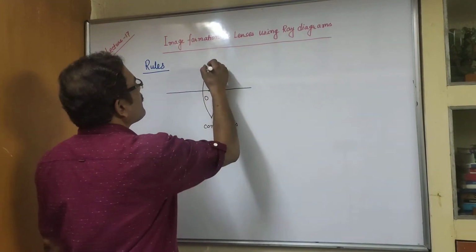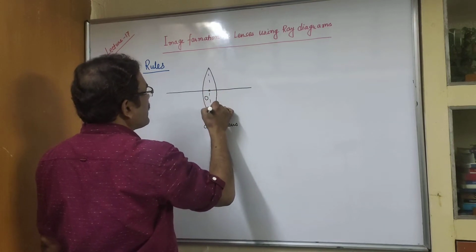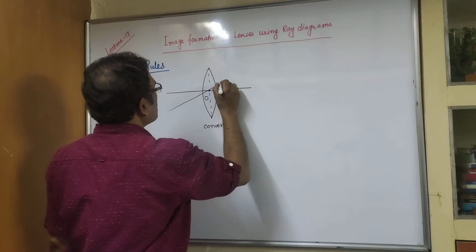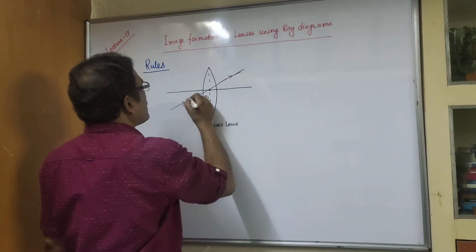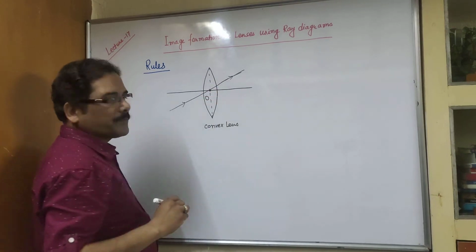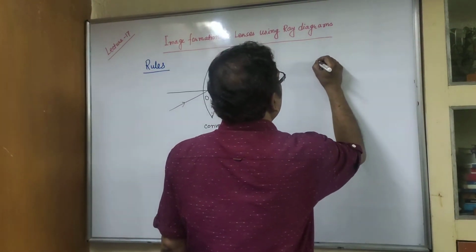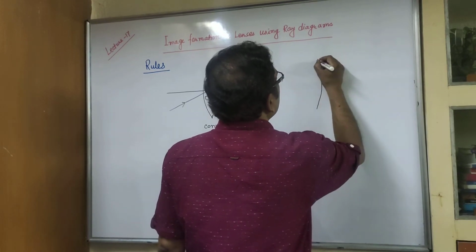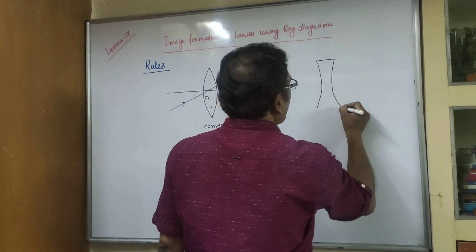Now if a ray of light passes through the optical center, no refraction takes place, and without any deviation it will pass straight like this. And this rule is true for a concave lens also. So represent it in the case of a concave lens.